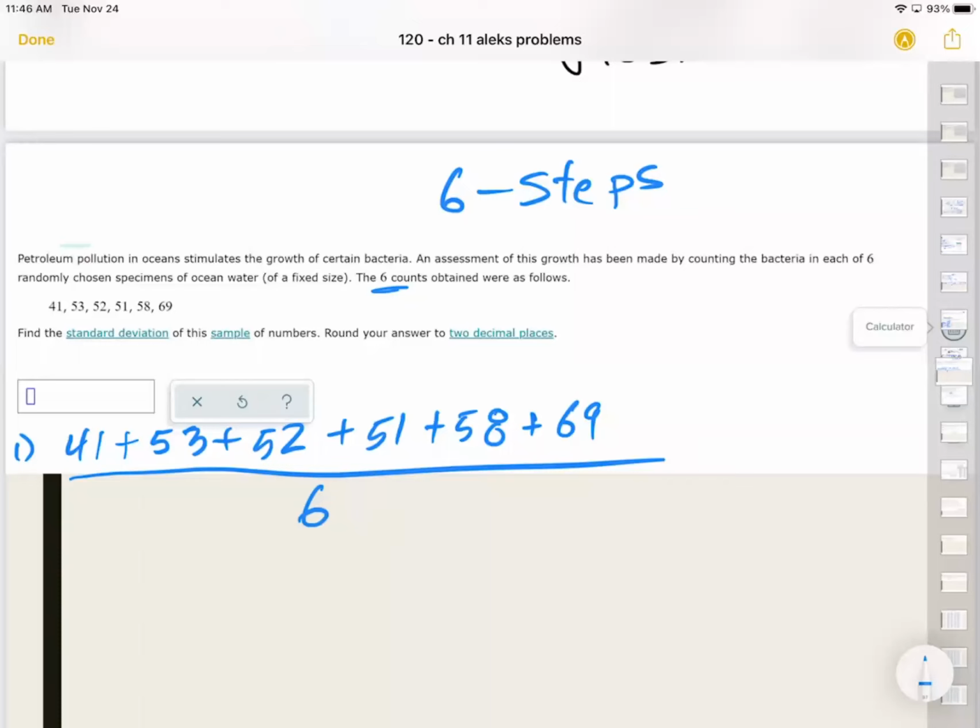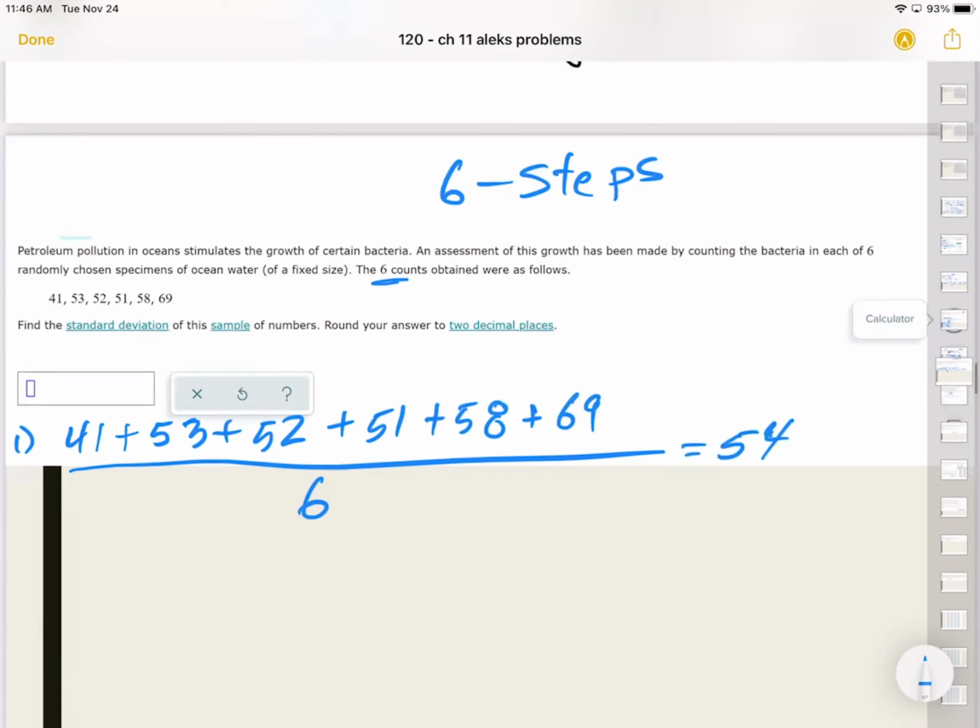And if you add this thing up, divide by 6, you should get 54. If you take the 41 plus the 53 plus the 52, and you add them up, you should get 54.